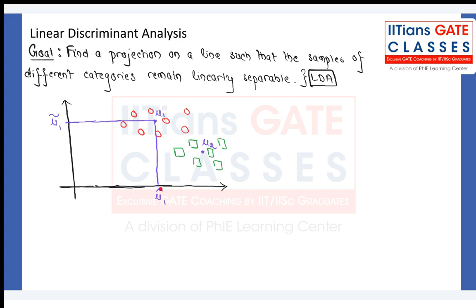Similarly for mu2, let me change the color so that you understand. There is a projection of mu2 on the x-axis, I call it mu2 cap. And the projection of mu2 on the y-axis, I call it mu2 tilde.